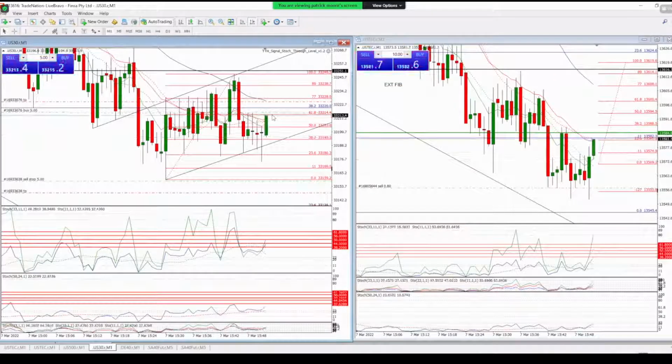We get a trigger long here. Let's just watch the 38.2 of the 1 minute grid. Stochastic's busy triggering long with us now, so I'm sitting with it.